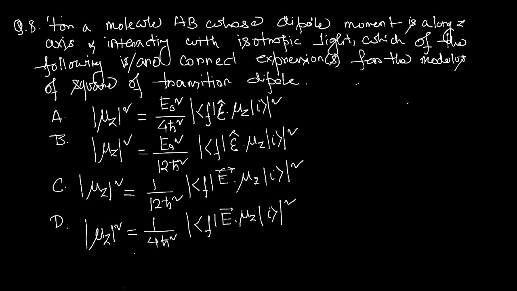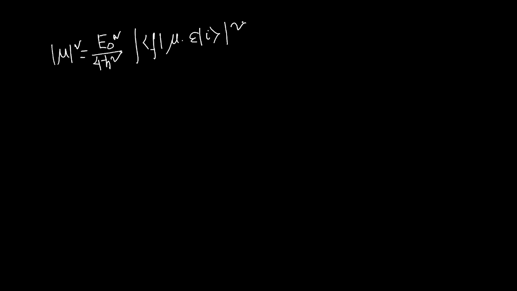So think like that, the expression of mu square is E0 square, mu dot E and E dot mu are both the same as a scalar quantity.